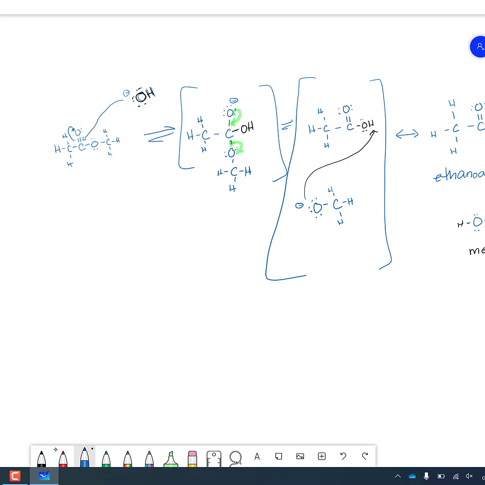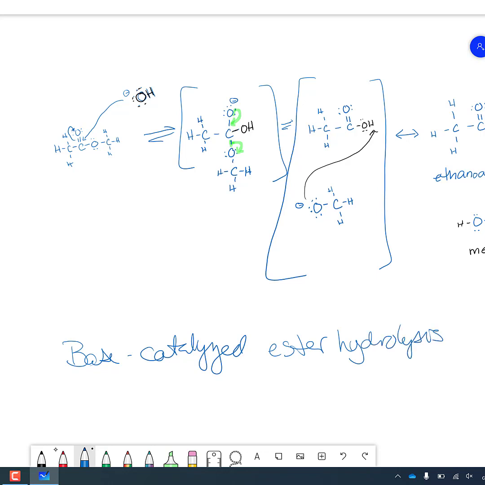And we've got methanol. And so this was the base catalyzed ester hydrolysis. And so the acid and the base catalyzed ester hydrolysis do not necessarily yield the same results, because here we can see that it's potential to get the carboxylate ion.